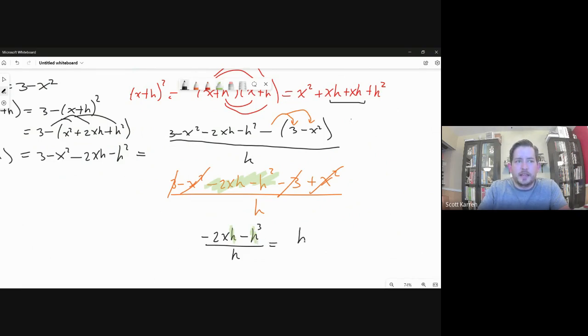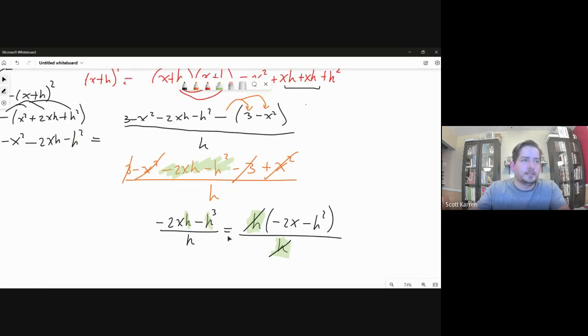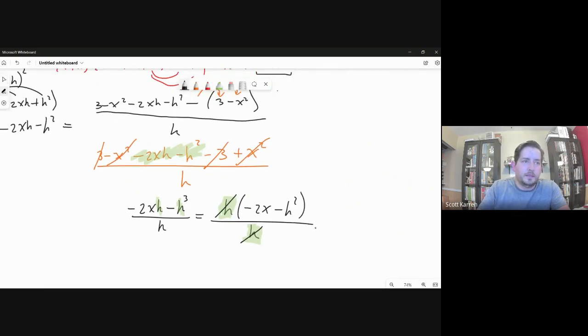That is an h multiplied by negative 2x minus h, all over h. And the reason that I wanted that factored out is because now h as a factor on the left-hand side can cancel with h as a factor in the denominator. So cancels, cancels. And my final result is this term left up in the numerator, which is negative 2x minus h. And that's it.